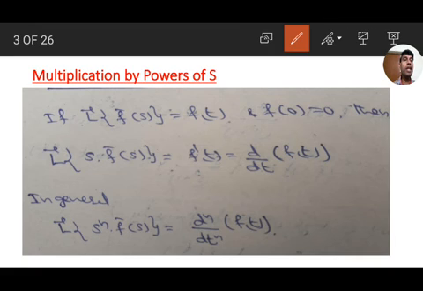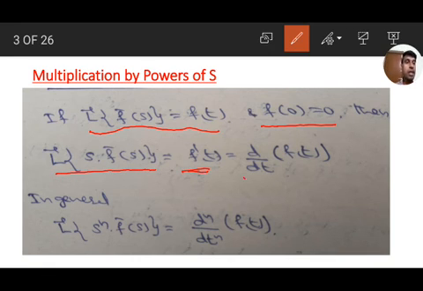Suppose if L inverse of f bar s equals f of t and f of 0 equals 0, then L inverse of s into f bar s equals f dash t, that is d by dt of f of t. Derivative of f of t is the inverse Laplace transform of s into f bar s.